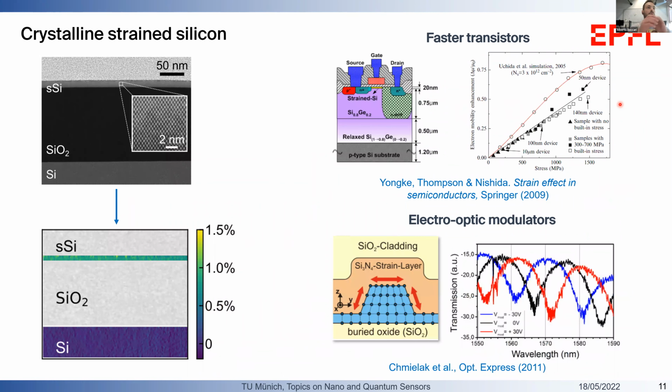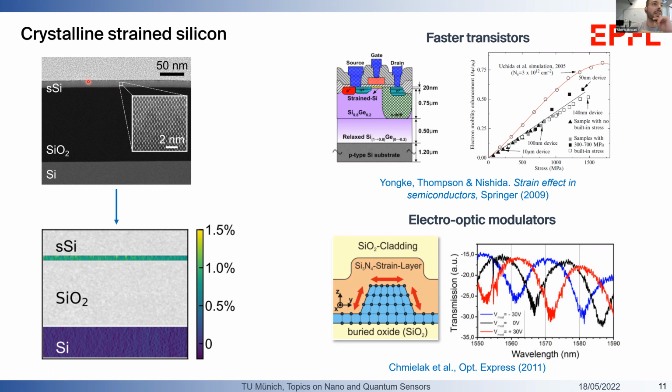We decided to work with crystalline silicon that is strained to high levels of strain, around 1% or 1.2% in our samples, corresponding to stress levels of around 1.3 to 1.5 gigapascal in the strained silicon layer.